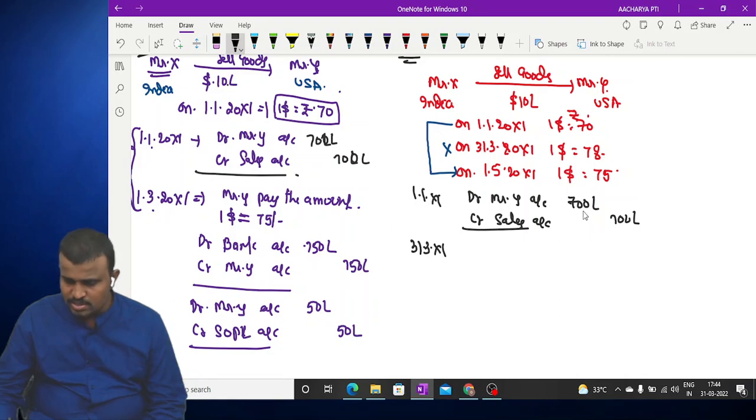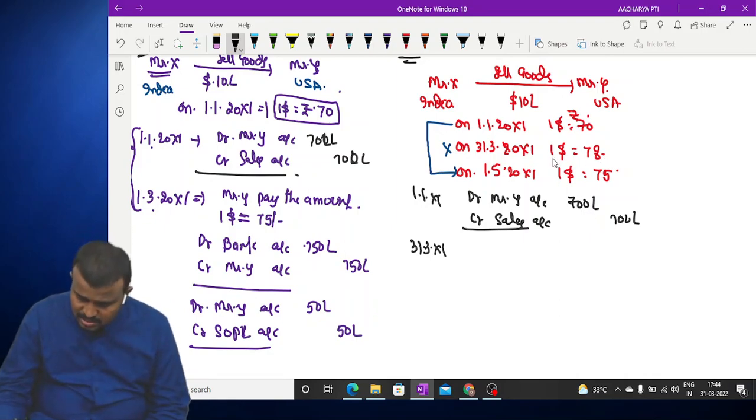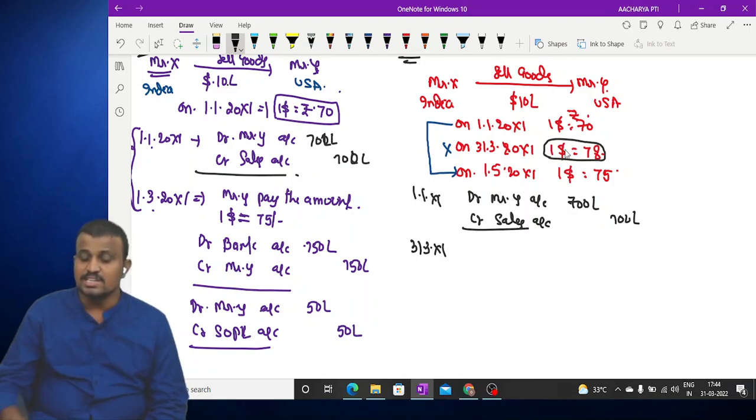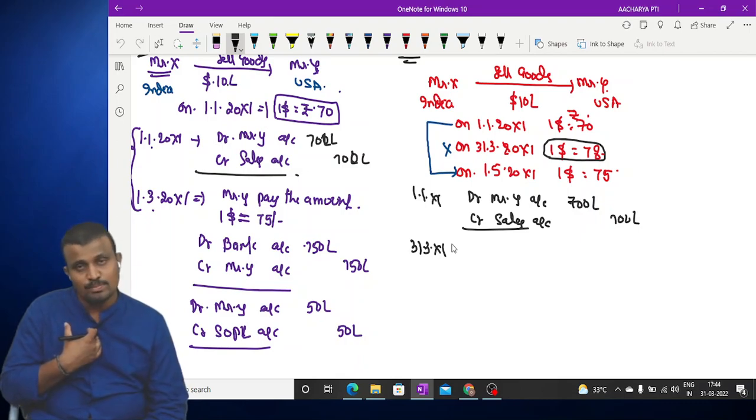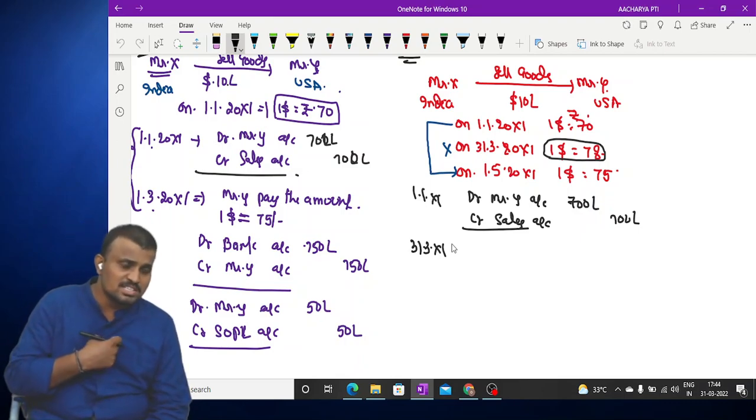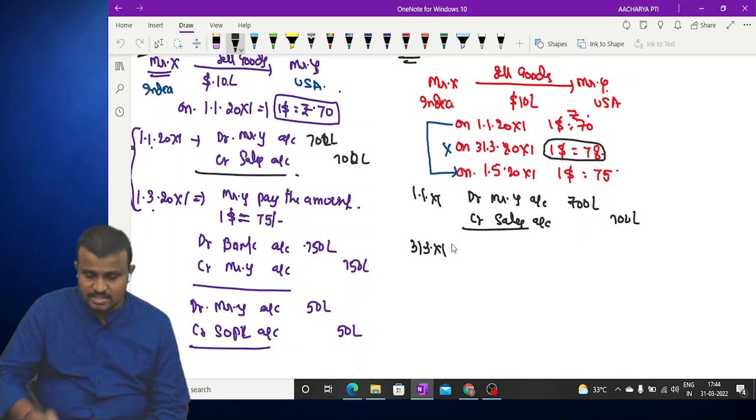The amount was 700 lakh, but on 31st March 20X1 the exchange rate increases. $1 is equal to 78. So we have a profit, and in case of profit, the P&L account is credited.